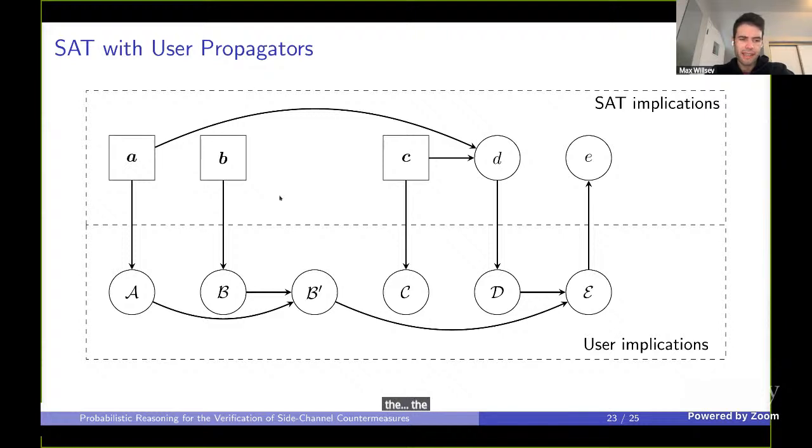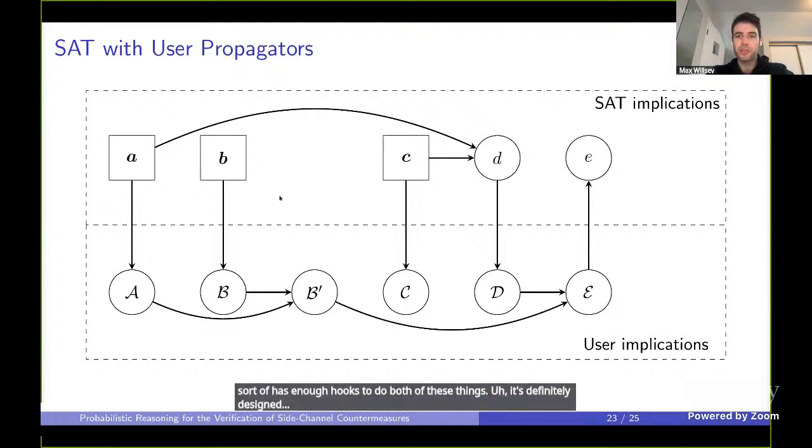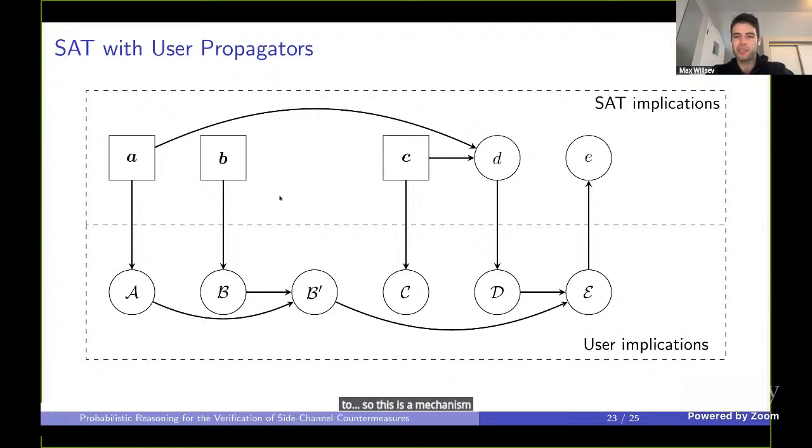The E-class analysis mechanism has enough hooks to do both of these things. It's definitely designed to, so this is a mechanism by which the user can provide code that reacts to the insertion of new terms or new equivalences.